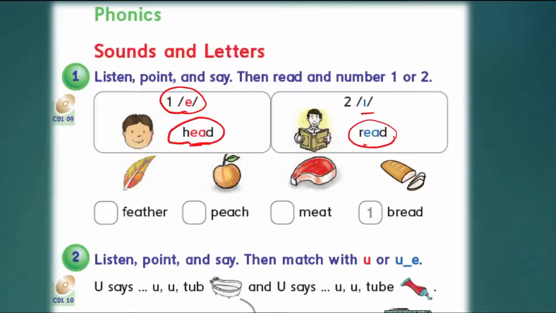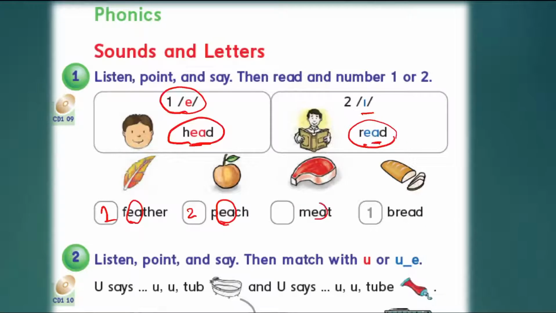So let's look at these examples. Okay, the first one is feather. I pronounce E-A here like in head, so we have to put number 1 here. And peach, I pronounce E-A here like E, as in read, so we have to write down number 2 here.